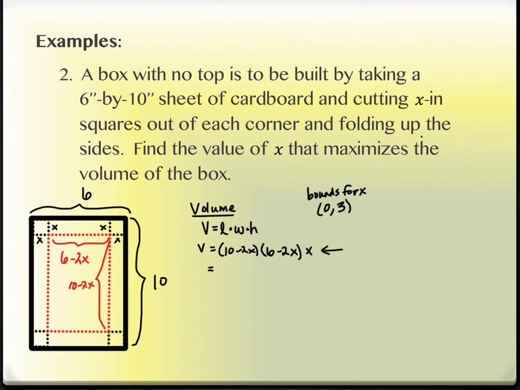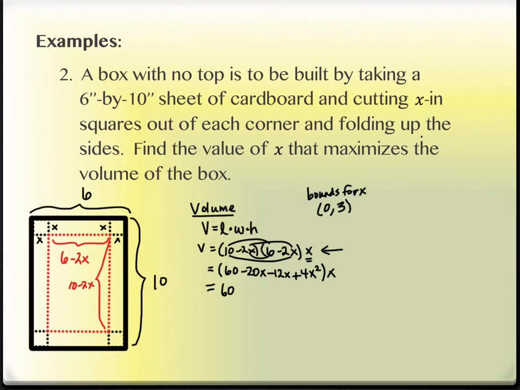Absolutely. So I'm going to distribute this x through at the end, but I'm going to deal with the binomials first. So I have 60 for the first terms. The outer terms I have negative 20x. My inner terms are negative 12x, and then my last terms are positive 4x squared. And then all of that's times x for another time.